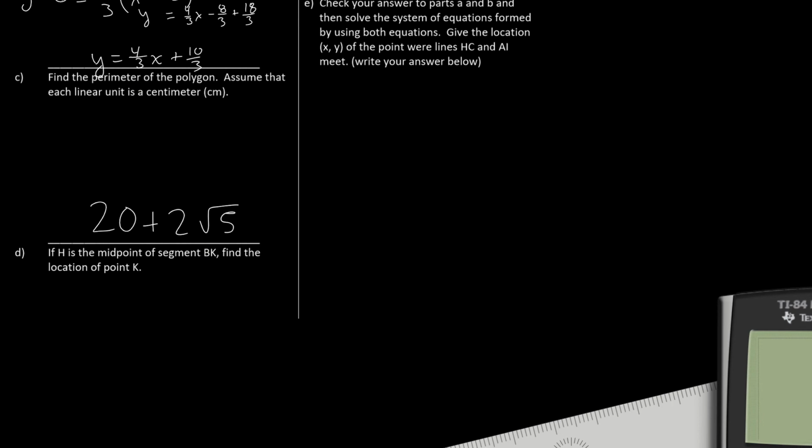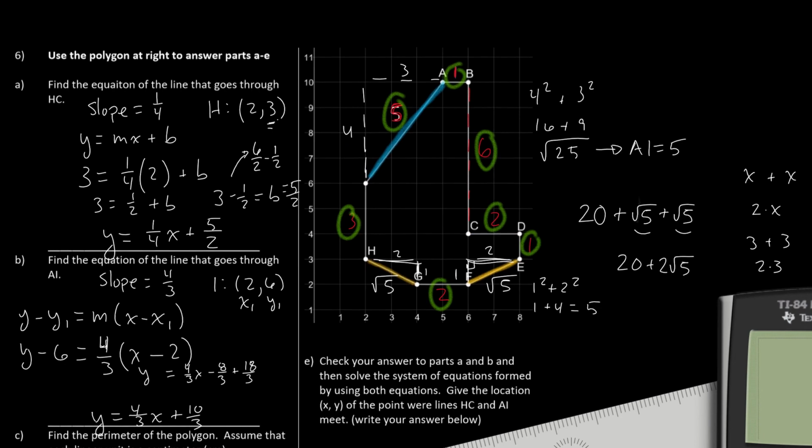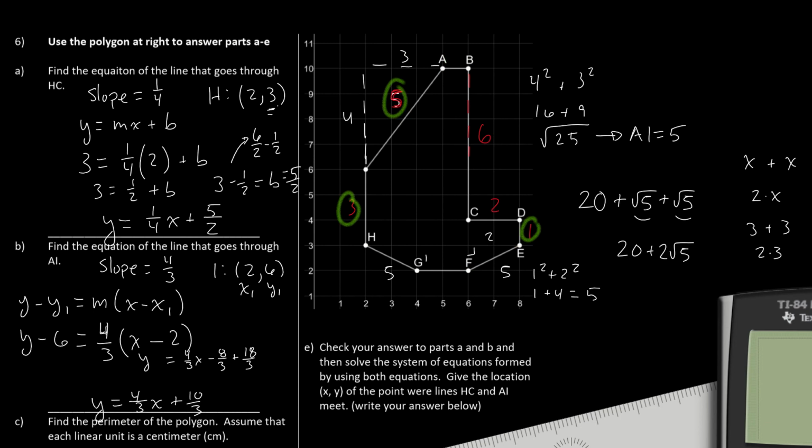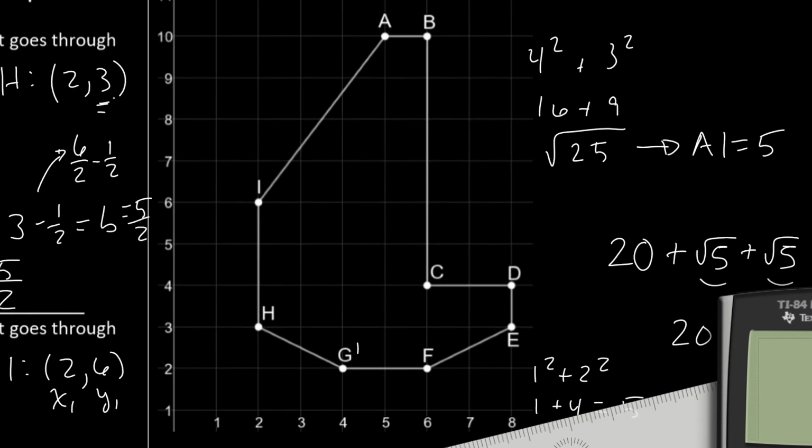The midpoint. It says if H is the midpoint of segment BK, find the location of point K. Okay, so when I look at this, there's no K on the diagram, right? K is nowhere to be seen at all, but I'm told H is the midpoint, so it's in the middle of things.